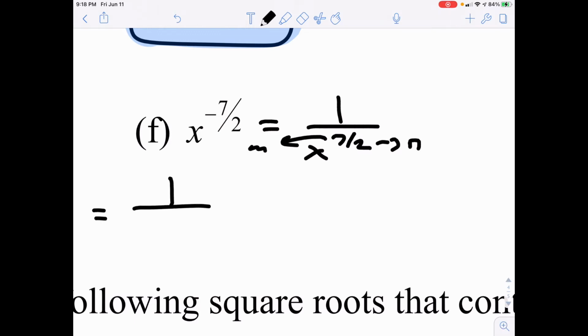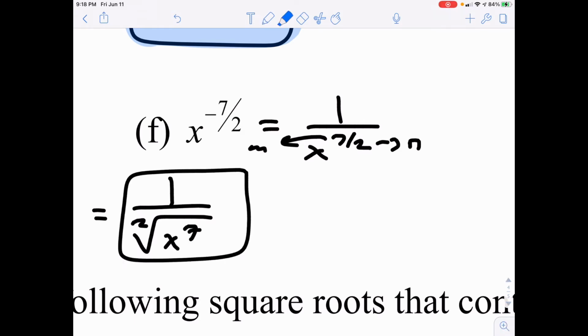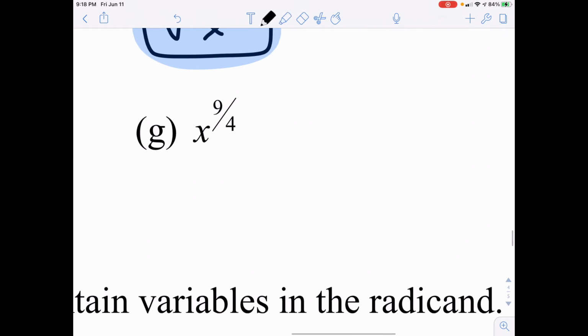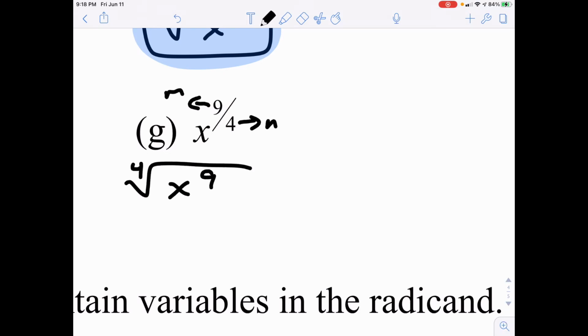This is 1 over the square root of x to the 7th power. X to the 9/4, 4 is the root, 9 is the power. This is the fourth root of x to the 9th power.